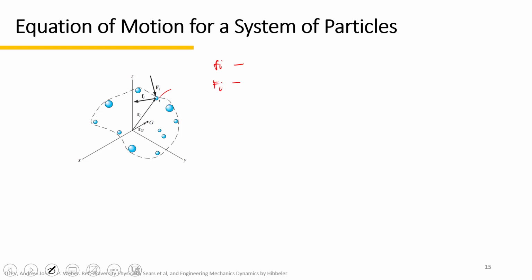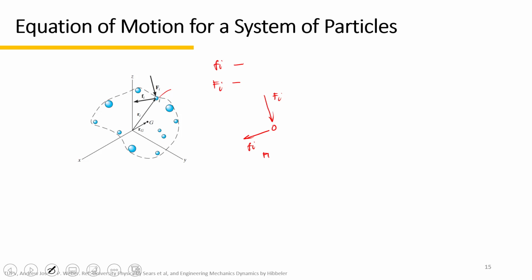So in order to apply the equation of motion, let's first isolate the object and draw an FBD. This is the net external force that acts on that particle. This is the net internal force that acts on the particle.